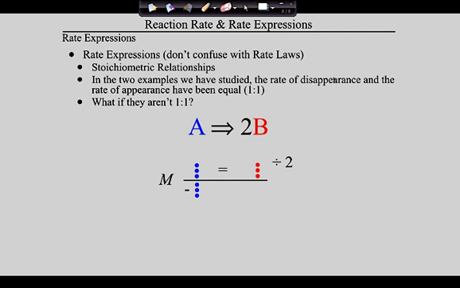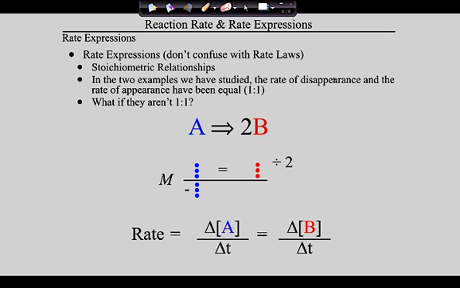So guys, the bottom line is this. When we write rate expressions, we'll make the rate expression for the reactants negative. That flips them over. And then we'll divide by the coefficients to make them the same heights. So with that in mind, guys, this is the way this would look. Write this down with me.